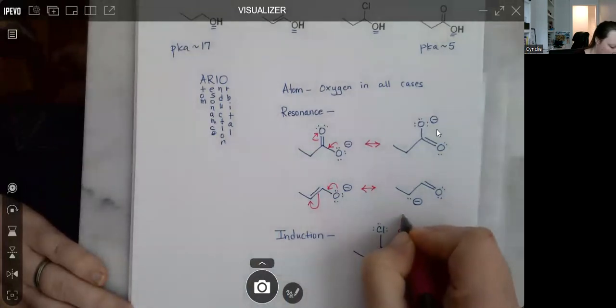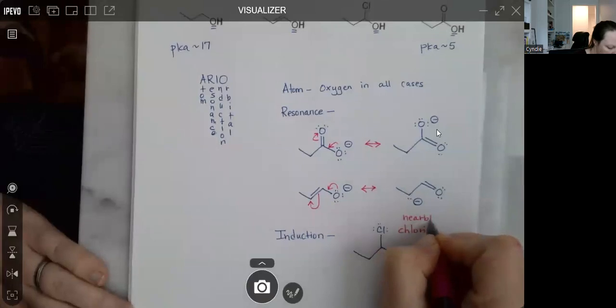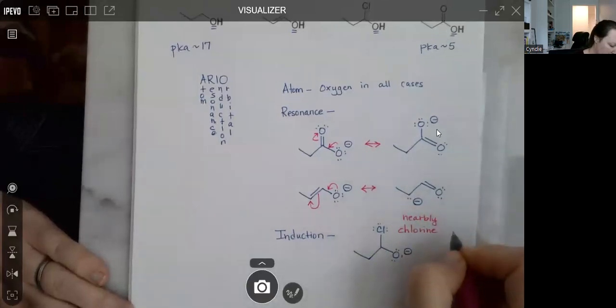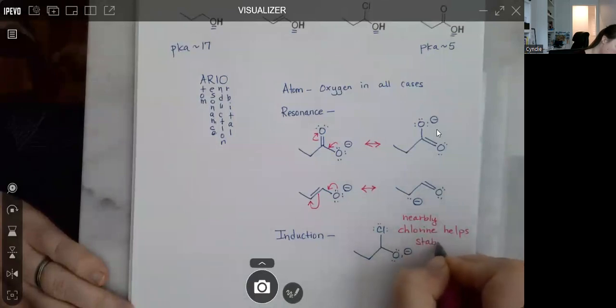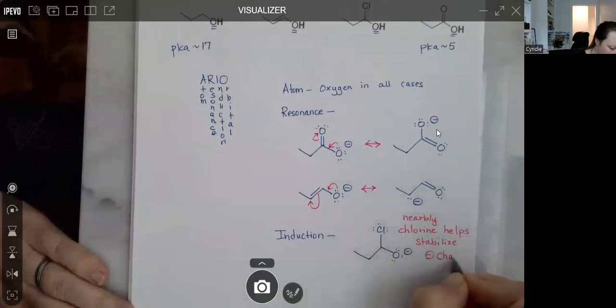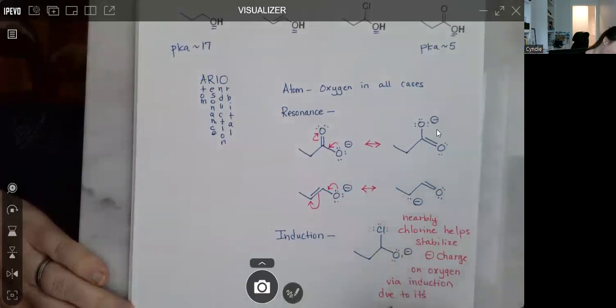The nearby chlorine helps stabilize the negative charge on oxygen via induction, due to its electronegativity.